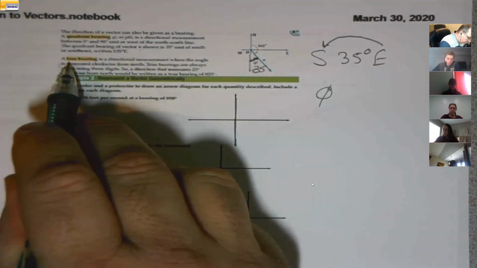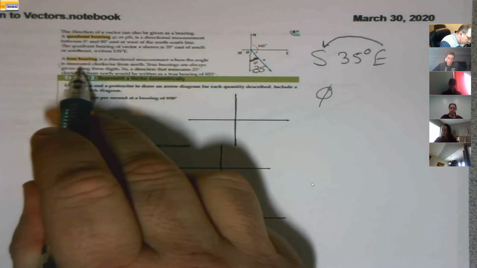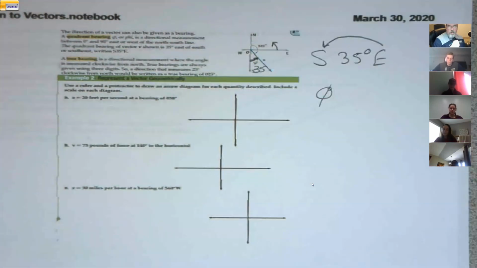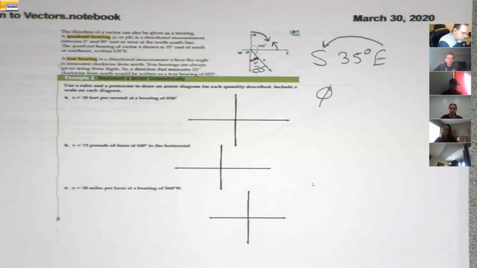A true bearing is a directional measurement where the angle is measured clockwise from north. So it's not like the unit circle where you start from 0 and go counterclockwise. A true bearing starts at north and you go clockwise. So that's a true bearing there.